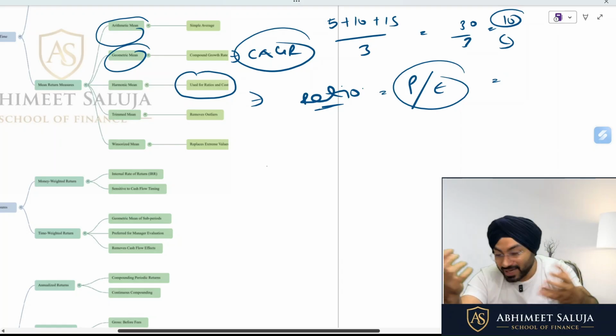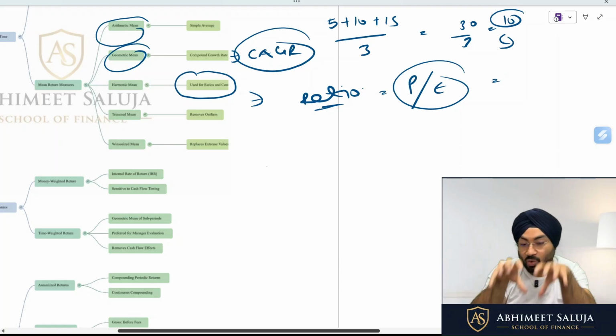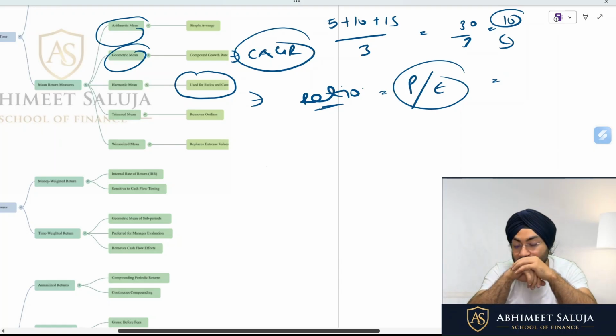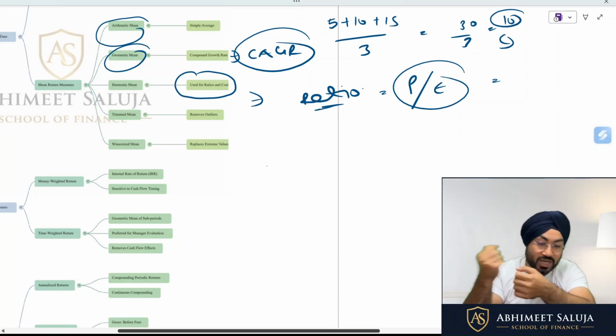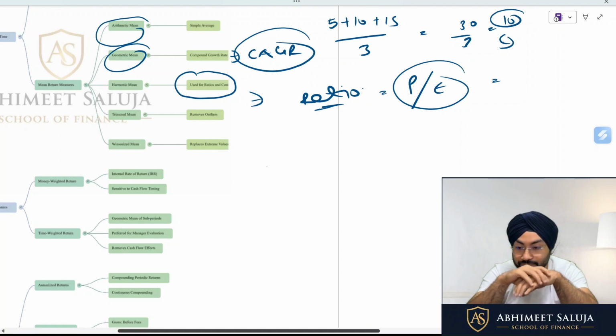I know it gets difficult if I throw all of these terms at you all of a sudden, so we'll study harmonic mean as the program proceeds. It is used when we are averaging out ratios or cost per share.